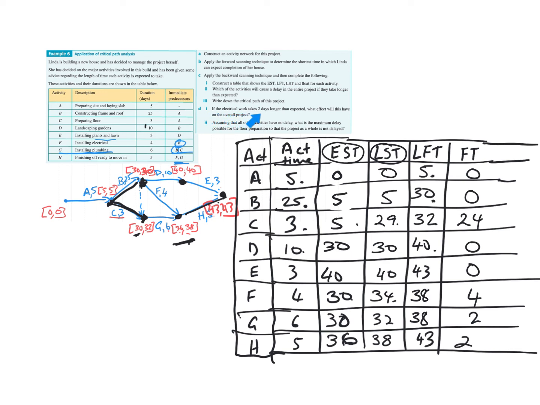If the electrical work takes 2 days longer than expected, will this have an effect on the overall project? So electrical work is F. We go to F. It has a float time of 4 weeks. Or is it weeks? Oh no, it's days. Okay, so 2 days longer. So we have a float time of 4 days.